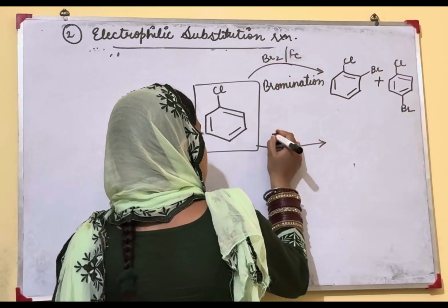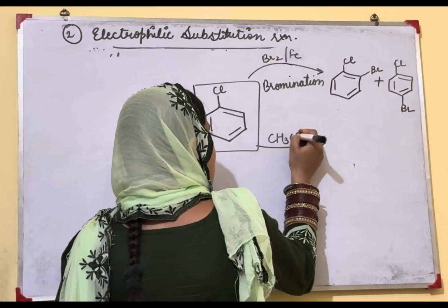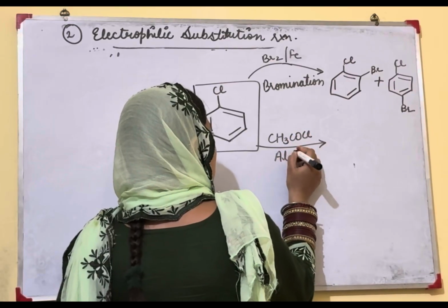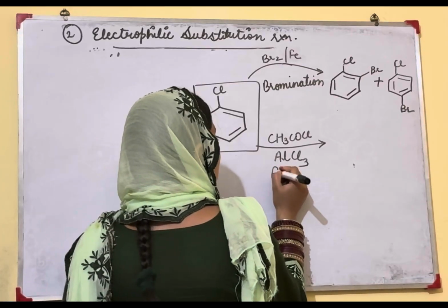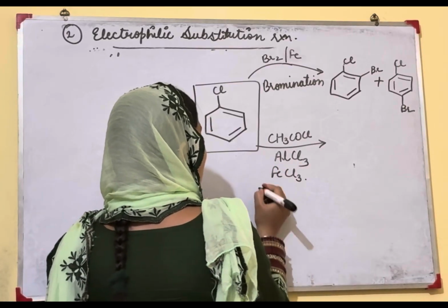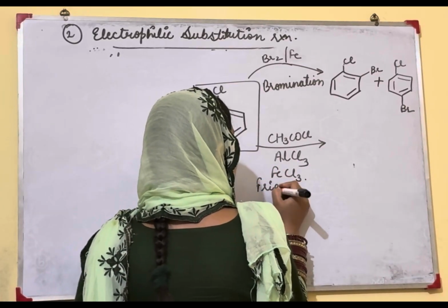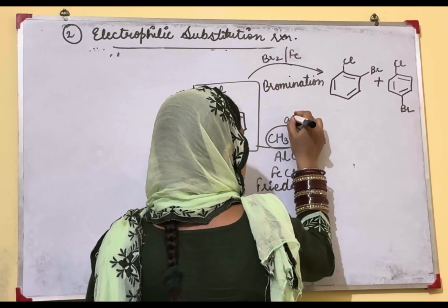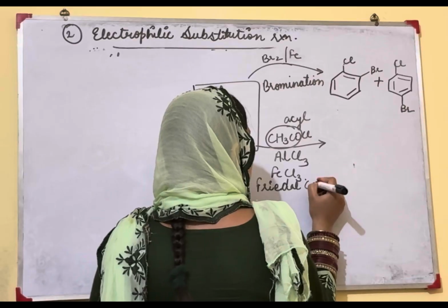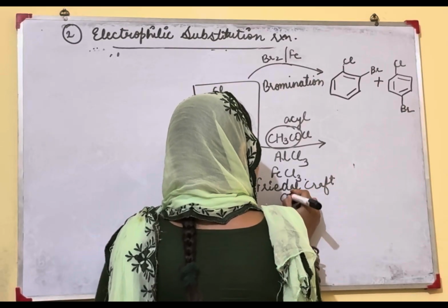Second one is CH3COCl. It will occur in the presence of AlCl3 or FeCl3. This reaction is called Friedel-Crafts acylation. This group is an acyl group, so it is called Friedel-Crafts acylation.